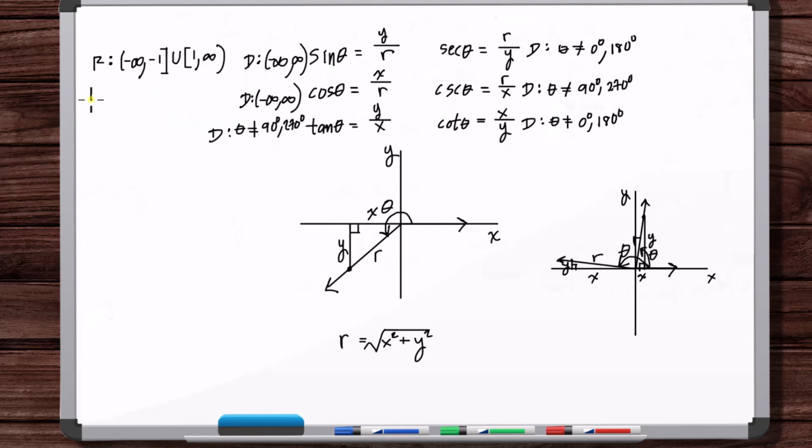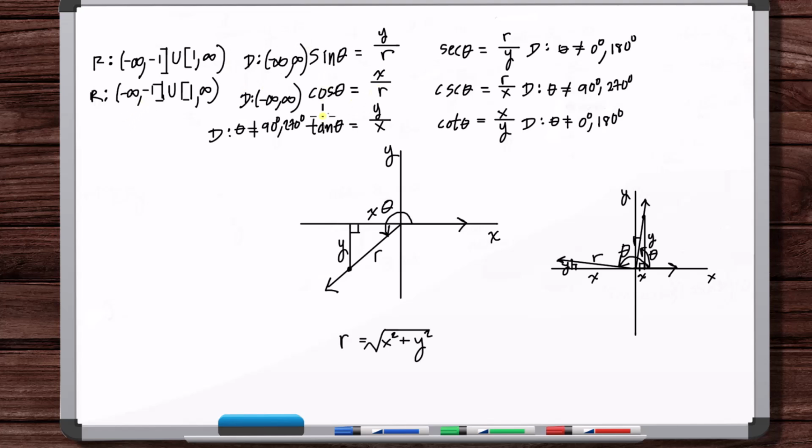Okay? Now, cosine is going to be the exact same logic. It's going to have the exact same range as sine for the exact same reasons, except you're just talking about the horizontal leg. The horizontal leg is never going to be greater than the radius, the hypotenuse. It's the exact same logic that we just talked about for the range of sine theta, so the range of cosine theta is the exact same range.